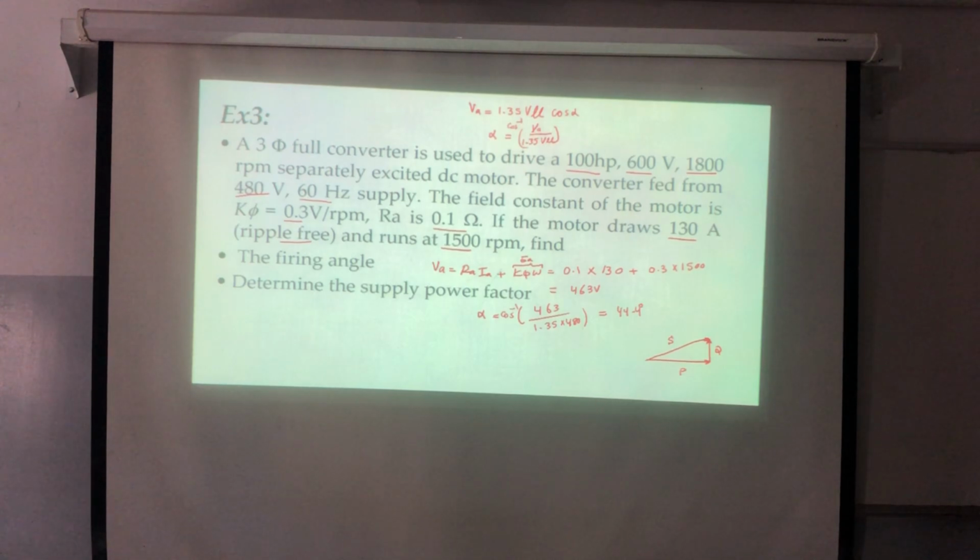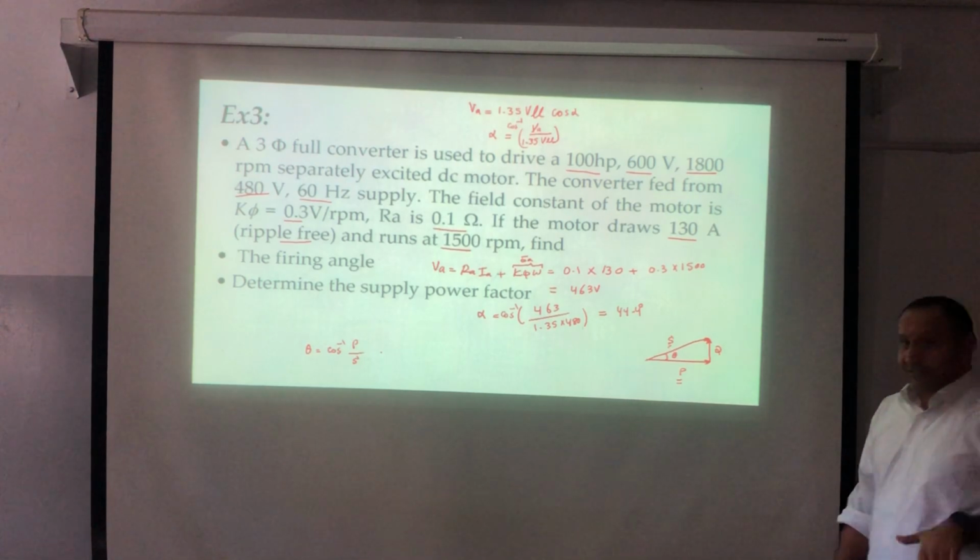So this will be the power input, P. If I need to find theta, theta will equal cosine inverse of P over S.